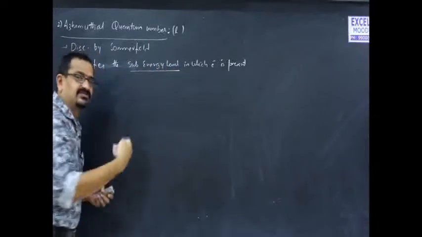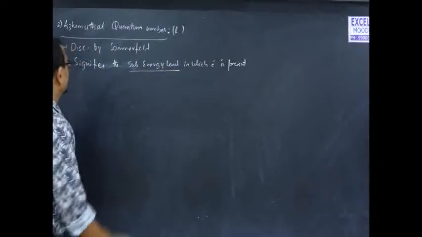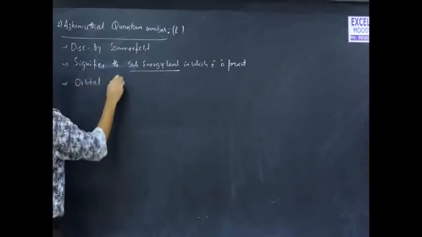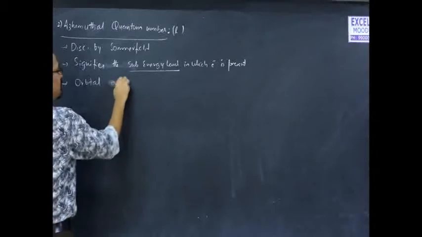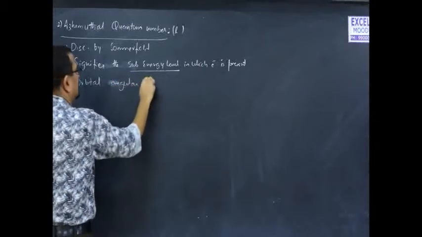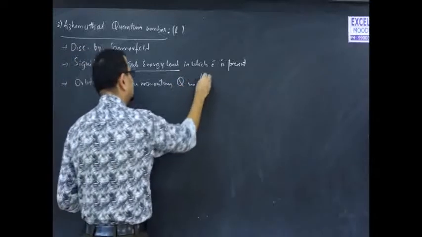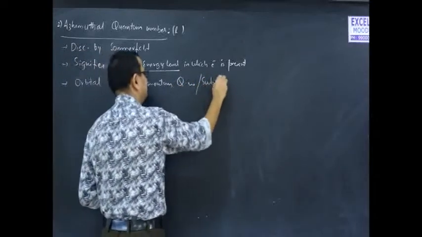The sub-energy level concept was given by this quantum number, and it is also called the orbital angular momentum quantum number, or subsidiary quantum number.